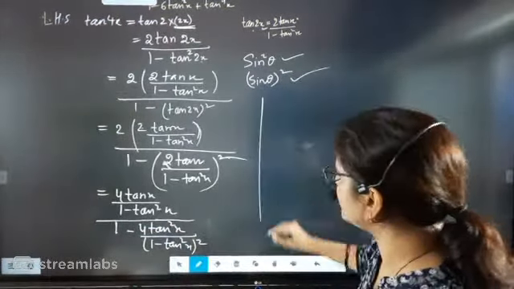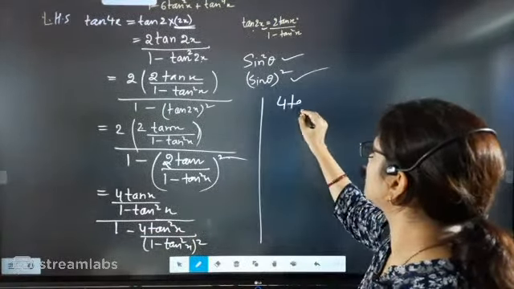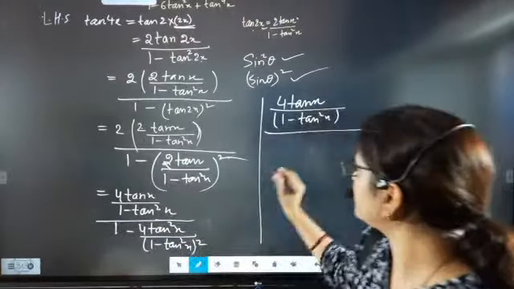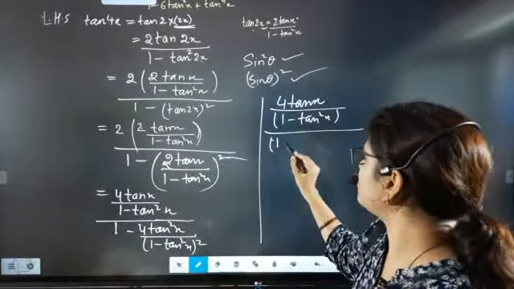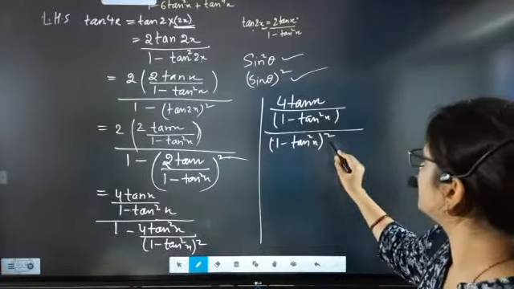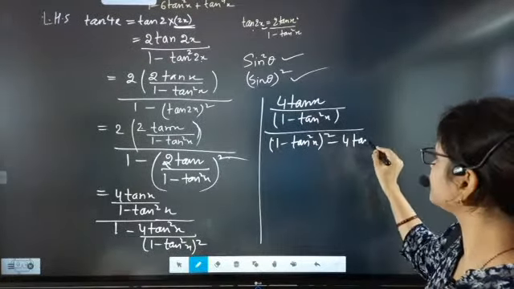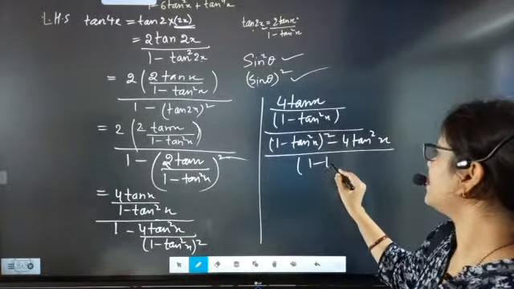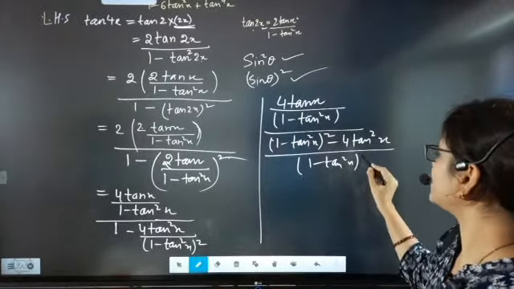What it will come here is 4 tan x by 1 minus tan square x. Now here beta, if you take LCM, it will become 1 minus tan square x whole square minus 4 tan square x by 1 minus tan square x whole square.